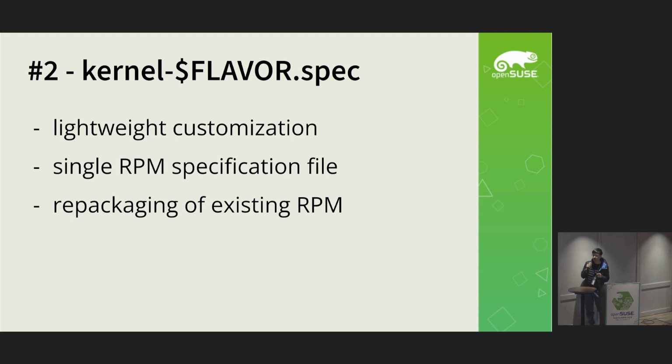It takes the kernel RPM package provided by openSUSE, goes into that, grabs the kernel modules and some other necessary files that you want, and repackages them into a new RPM package. That way you can get rid of the modules that you don't want to use, and the package will be smaller.